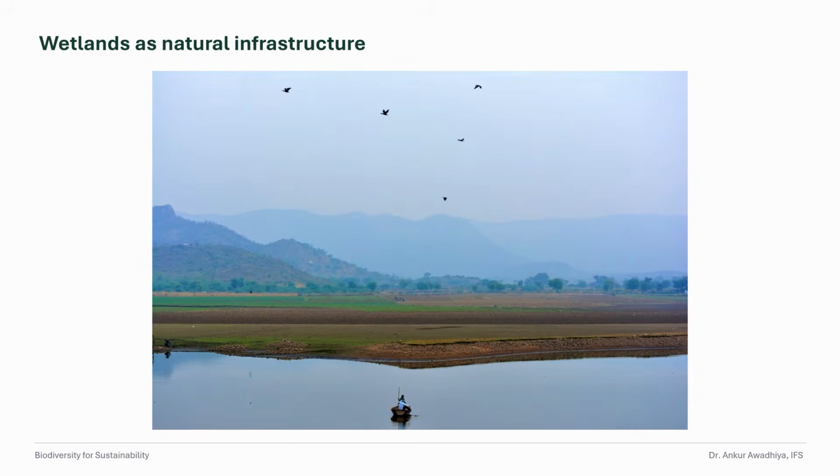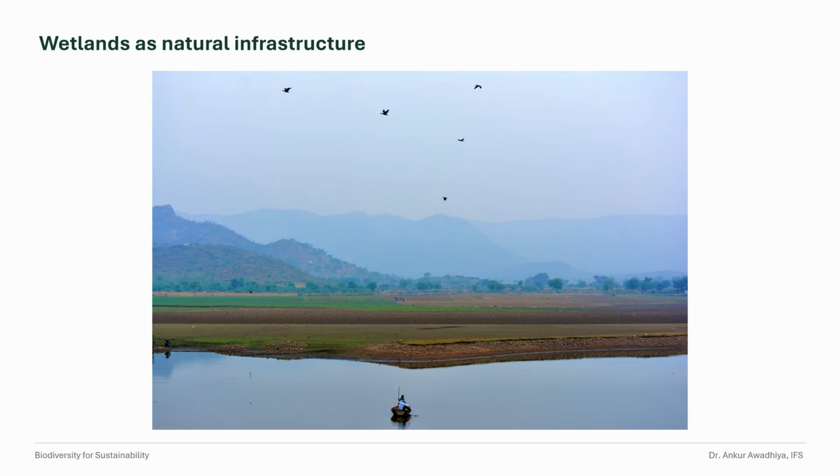The key conceptual shift here is to see a wetland not as an empty space, but as a natural infrastructure. Infrastructure is the category we use for what a city depends on: flood protection levees, drains, water and waste treatment systems, and so on. A functioning wetland performs several of those functions simultaneously.